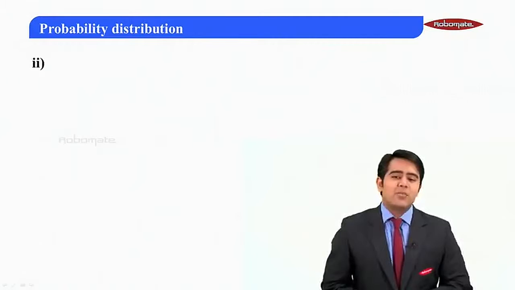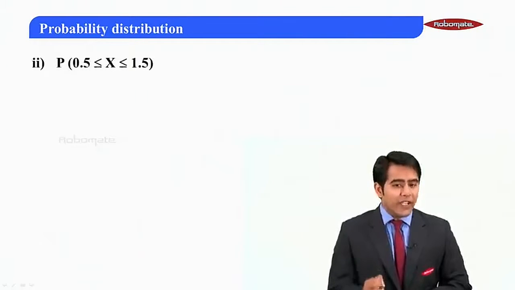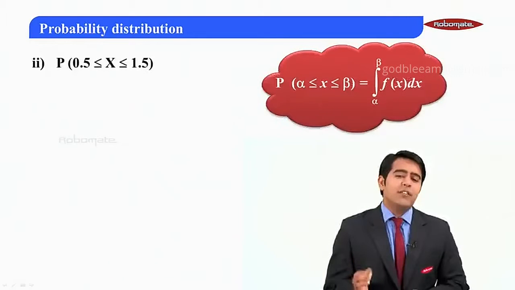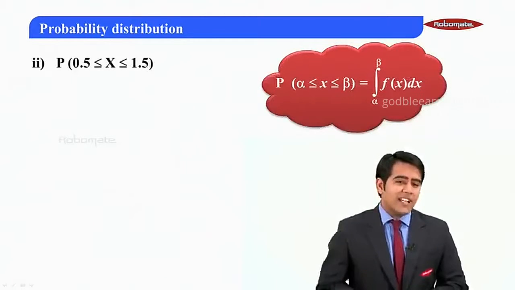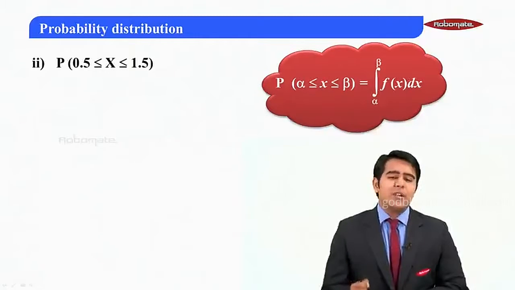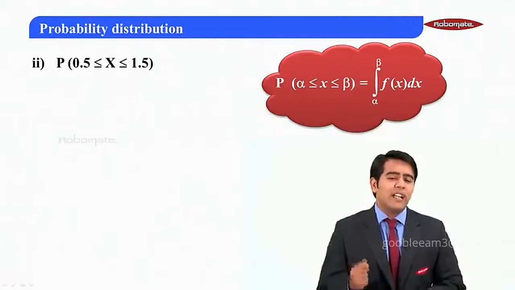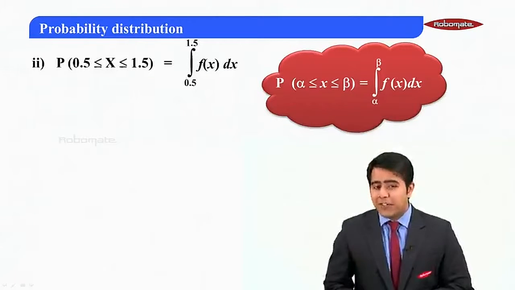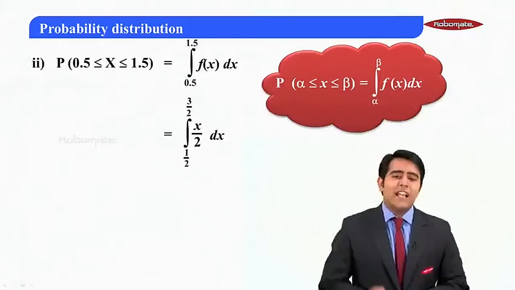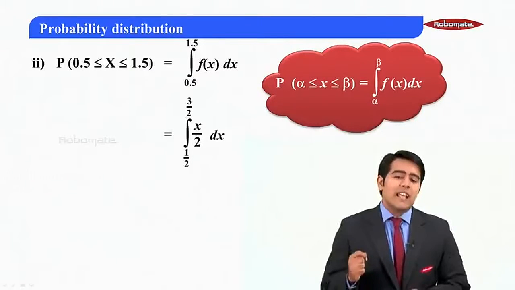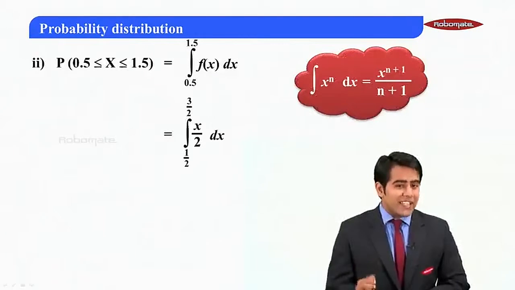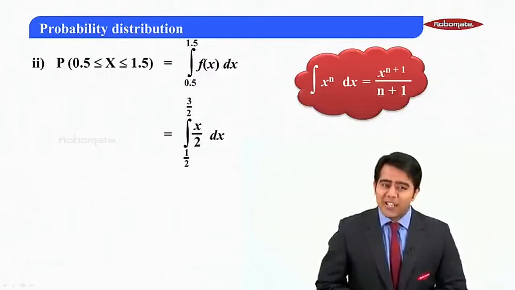Moving further to the next part, we have been asked to find P of x greater than or equal to 0.5 and less than or equal to 1.5. P of x greater than or equal to alpha and less than or equal to beta will be simply equal to the integral alpha to beta f of x dx. So I can write it as the integral 0.5 to 1.5 f of x dx, and we have the value for f of x as x by 2. So substituting the value here, the integral of x raised to n dx is x raised to n plus 1 upon n plus 1.